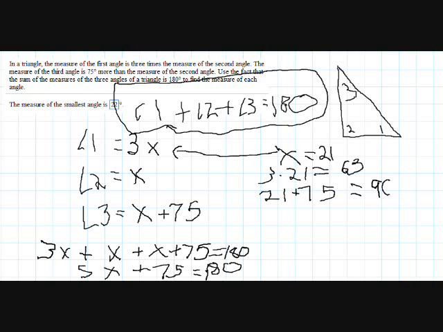And when you add all three of these together, 21 plus 63 plus 96, that's going to equal 180. So you have figured out how to do this problem.